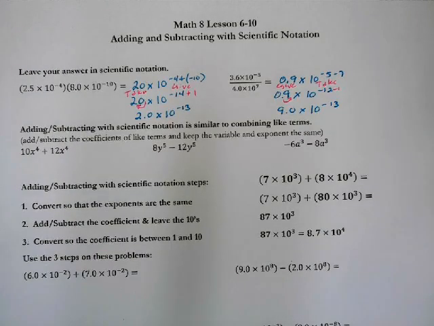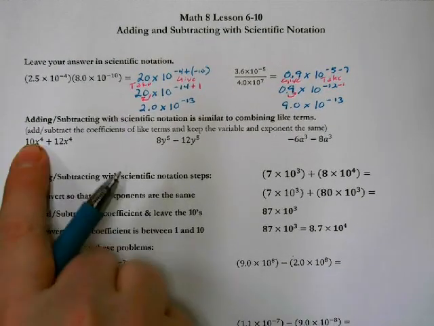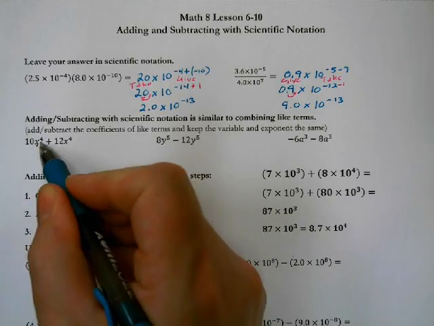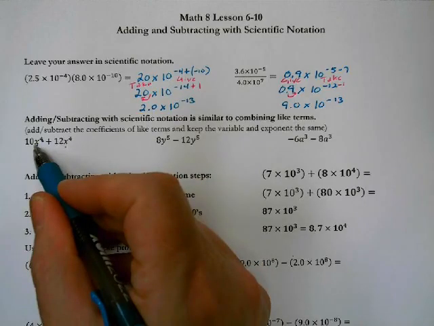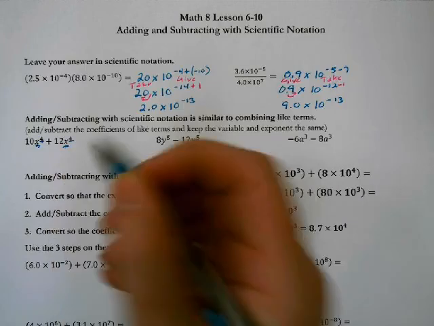All right, so when we add and subtract scientific notation, it's very similar to the idea of combining like terms, which we did at the beginning of the year. So here I've got like terms. Like terms are when the base, x, and the exponent are the same. So here I've got a base of x, exponent of 4. Base of x, exponent of 4.